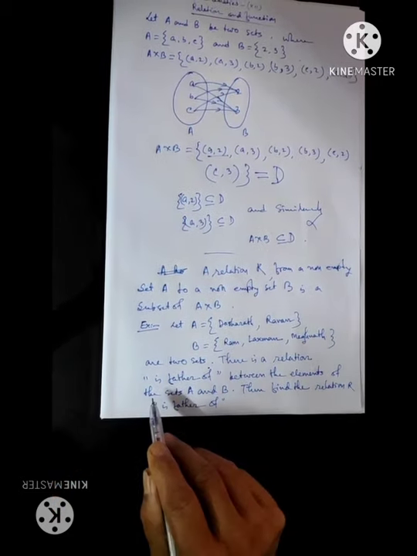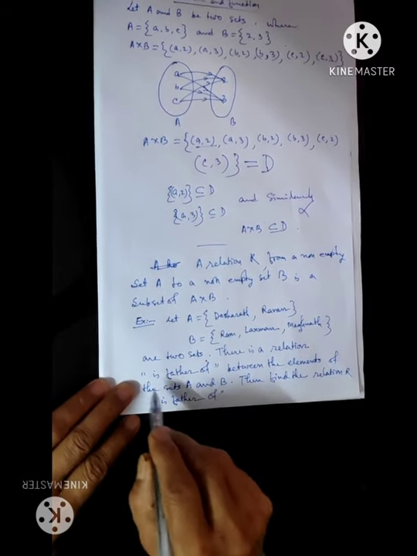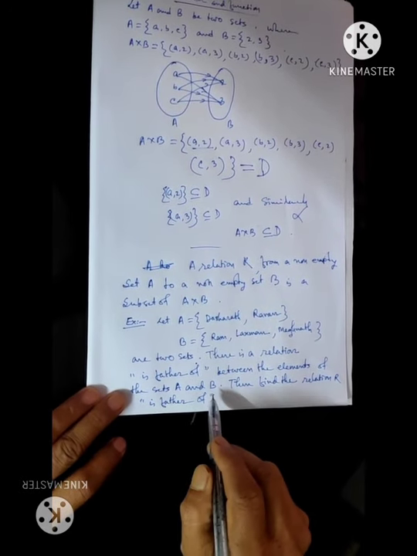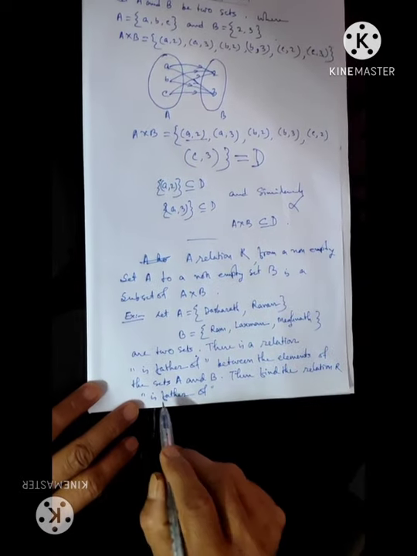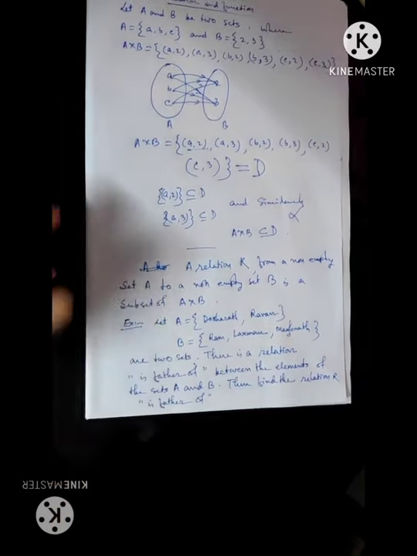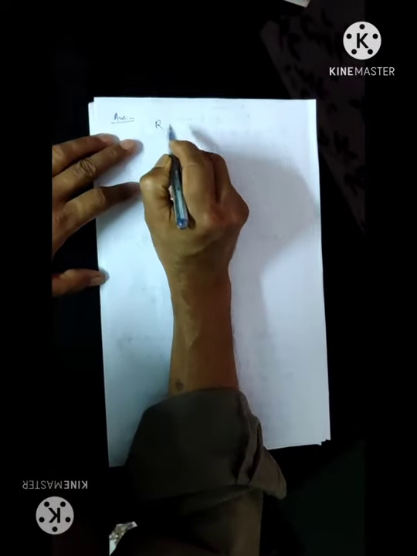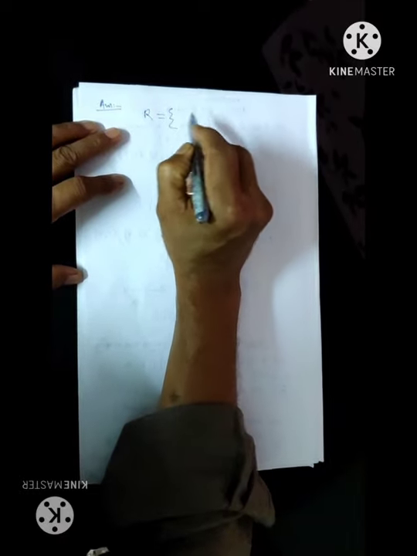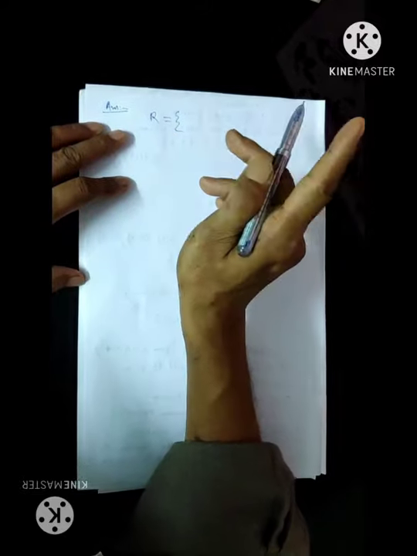There is a relation 'is father of' between the elements of the sets A and B. Then find the relation R, 'is father of'. Answer: let R be the relation. Our relation is 'is father of'.